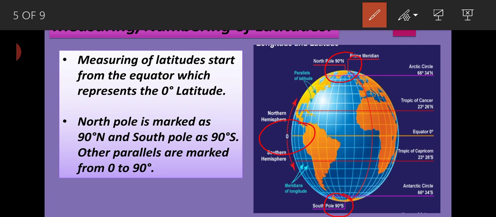So altogether above and below the equator there are 90 degree plus 90 degree, which is equal to 180 degree. If it is above the equator, it is termed as 1 degree north or 8 degree north or 20 degree north. When we go below the equator, it may be 66 degrees south or 68 degree or 38 degree, 37 degree south.